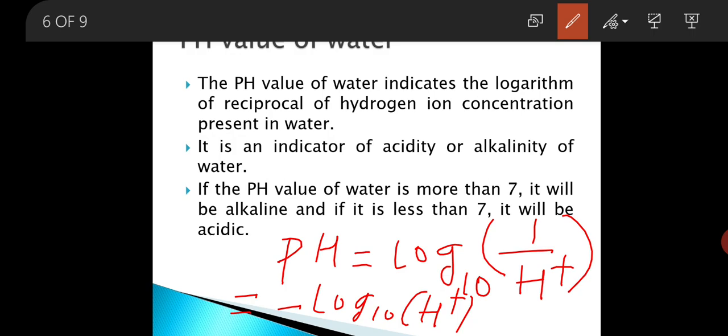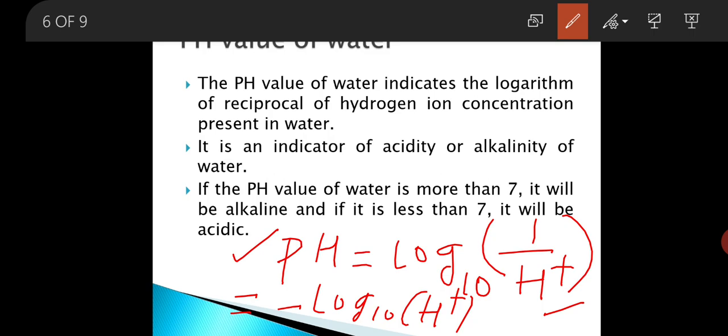So as the pH is the logarithm of reciprocal of hydrogen ion concentration, if the pH value is higher, that means the hydrogen ion concentration is lower, and this will represent which type of solution?